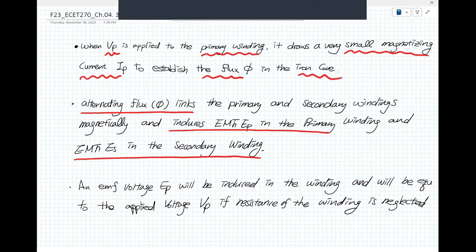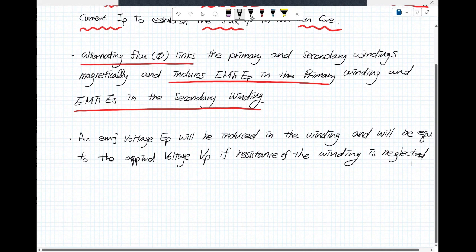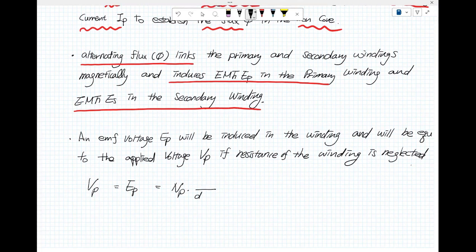So that was for, let's say, E sub P, and the time differential is d phi.